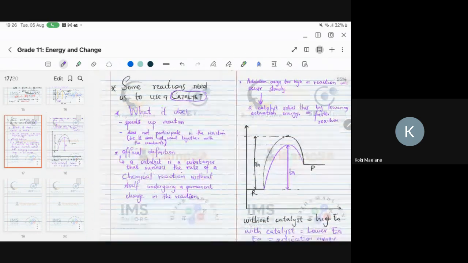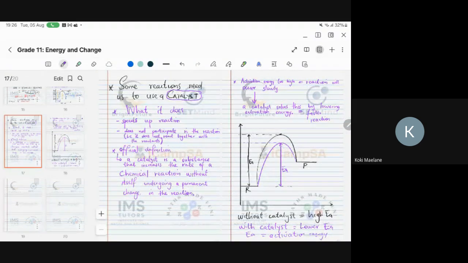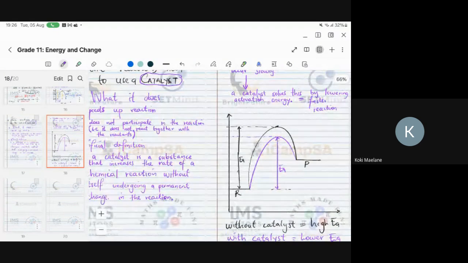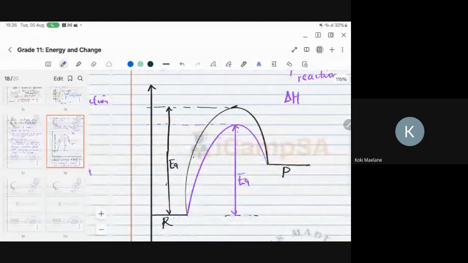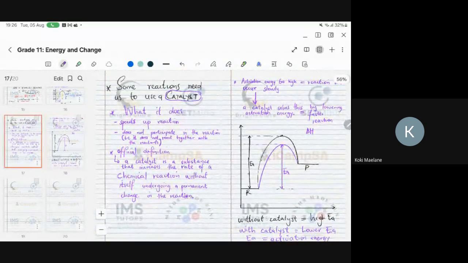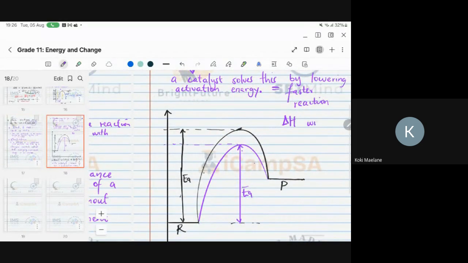Good. Now, however, the Ea, or the catalyst, actually does not change the heat that the system absorbs or releases to the environment. What do I mean by that? The heat of energy, or the enthalpy change, will not be affected by the addition of a catalyst.